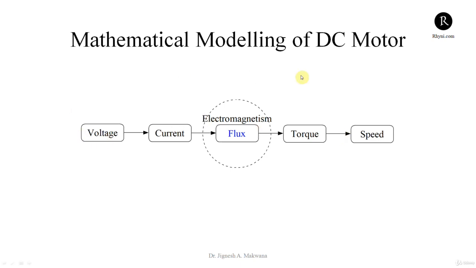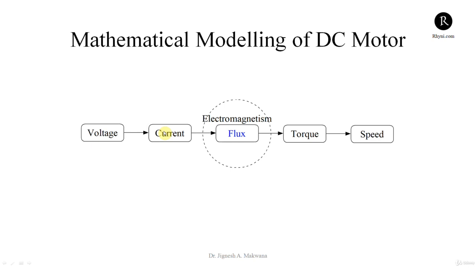So let's represent the complete system of DC shunt motor in the form of mathematical equations, so that the equations can be used later to develop the simulation model of the DC motor. So we will try to find the transfer function of each transition, that is voltage to current.